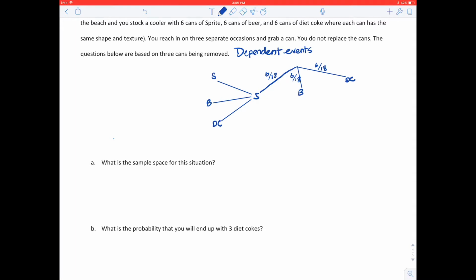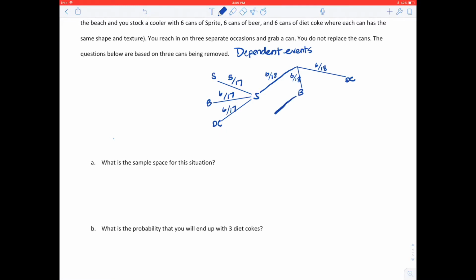Well, on this draw of the tree, since we drew a Sprite the first time, there's only 5 Sprites left out of 17 cans of beverages. And here we still have 6 cans of beer out of its total of 17, and 6 cans of Diet Coke out of 17.